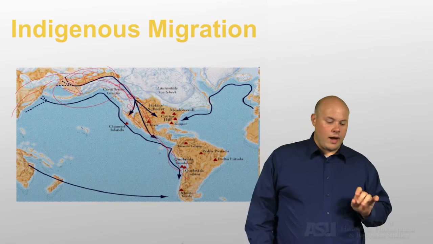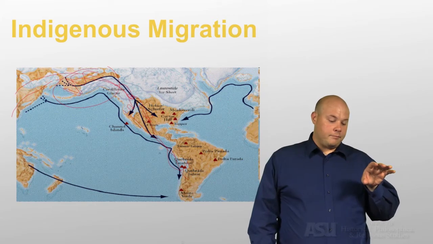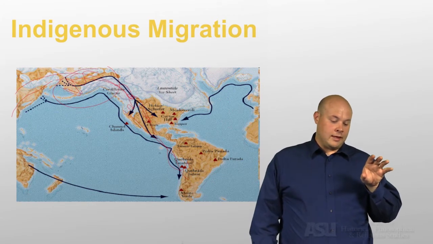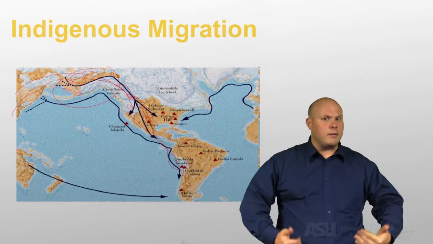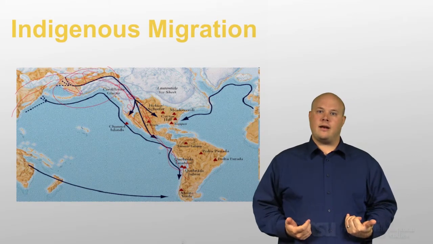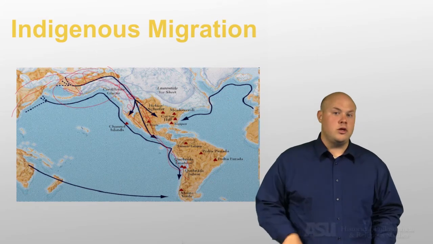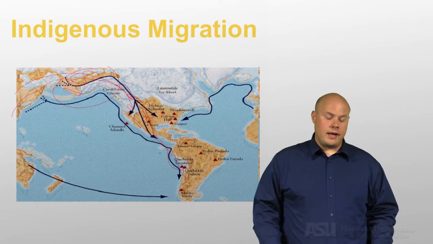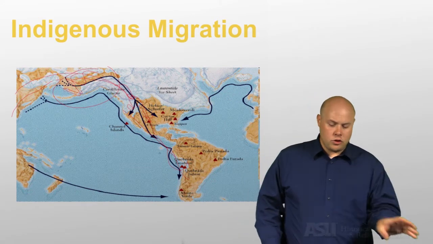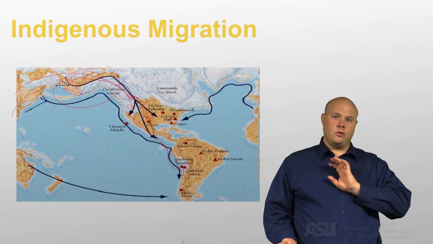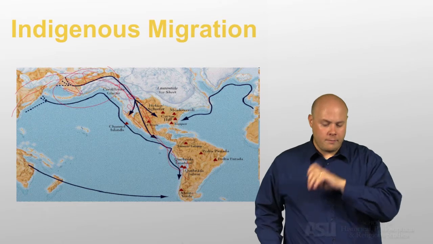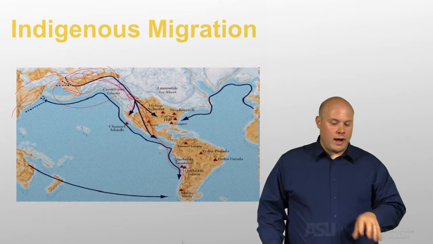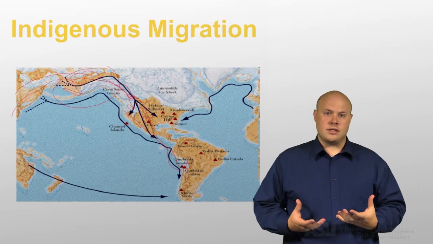There is also evidence of people coming from the Pacific Islands in boats, incredibly advanced technology. In fact, some of that boat technology is still being used today to navigate some waterways. And so you do have some finds that are pointing to earlier migrations of peoples not coming over the Bering Strait. And you also have indigenous origins of these events.